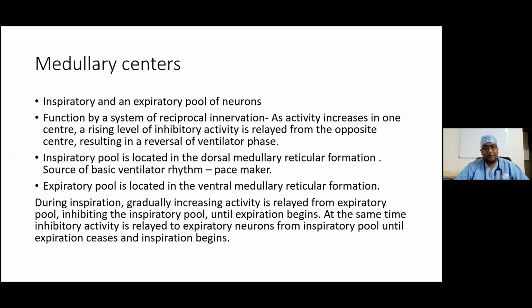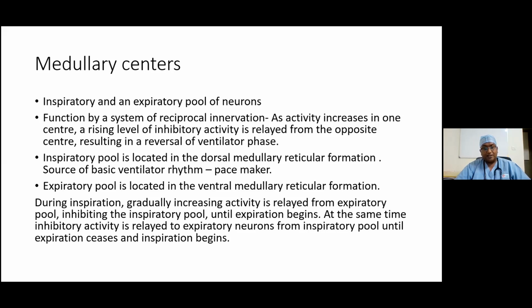So what happens during inspiration is that gradually increasing activity is relayed from the expiratory pool that inhibits the inspiratory pool until expiration begins. At the same time, inhibitory activity is relayed to the expiratory neurons from the inspiratory pool until expiration ceases and inspiration begins.